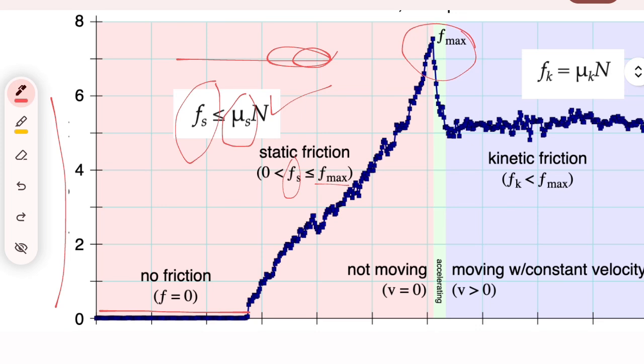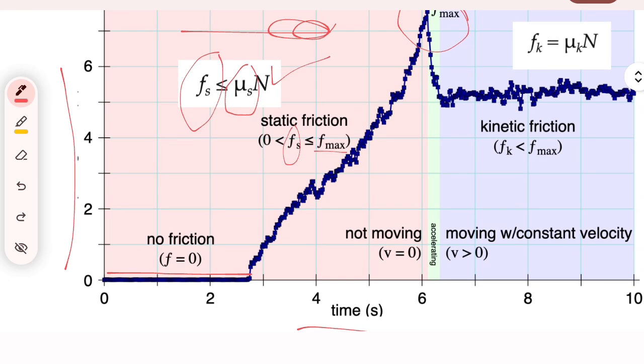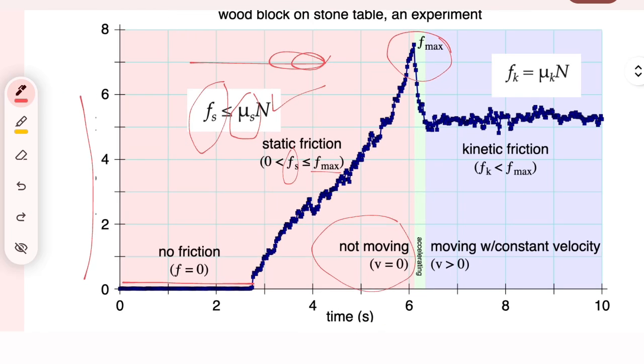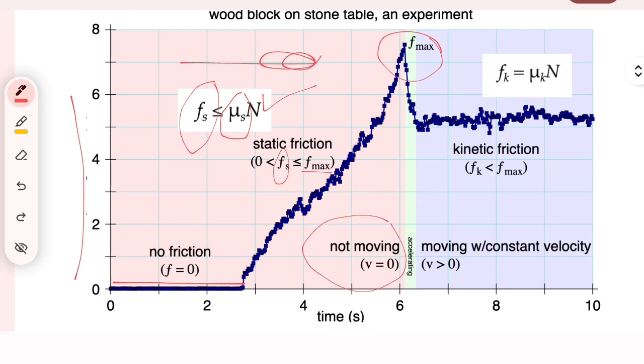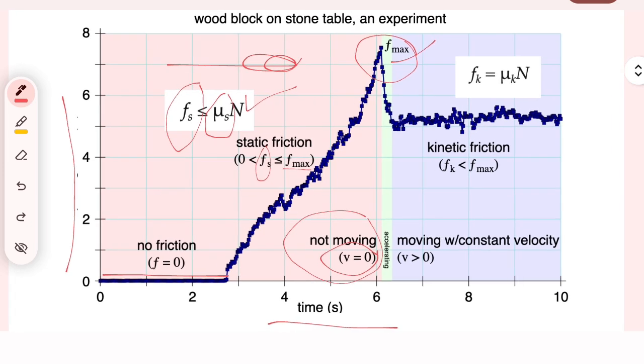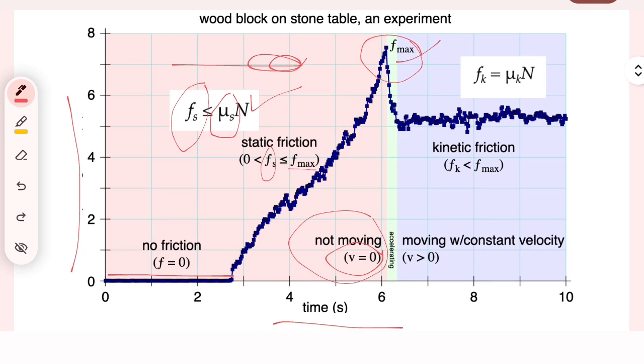The box is not yet moving, but you keep on pushing and pushing until the maximum frictional force, F max, is reached. So here we have not moving. When that time comes that the maximum force is reached, there is what we call an impending movement. That means the box is about to move, because the maximum force is already reached.